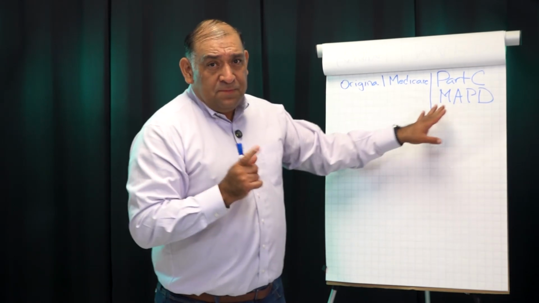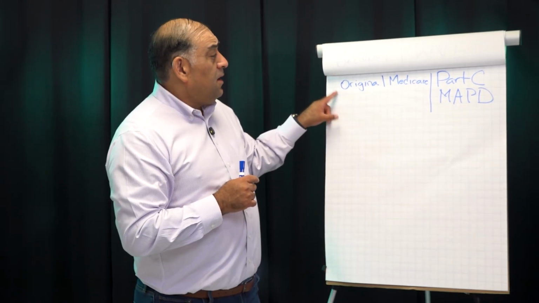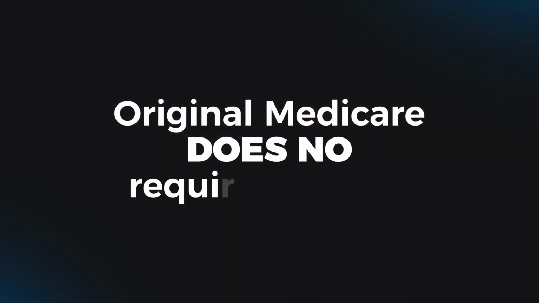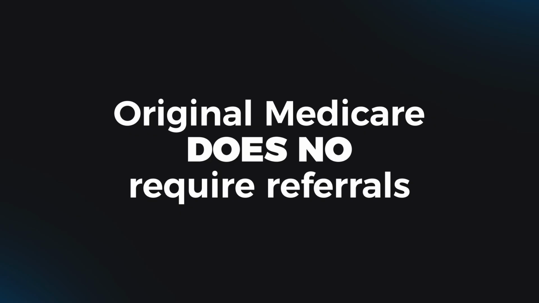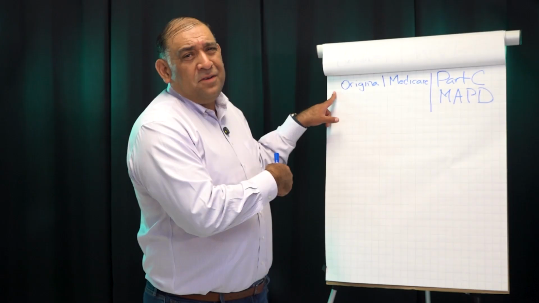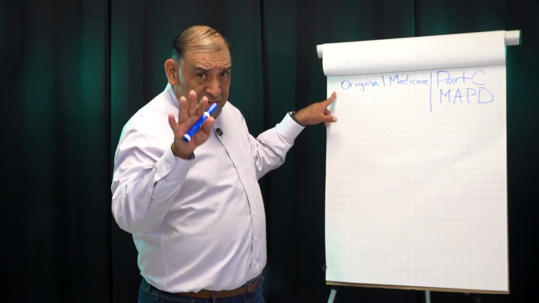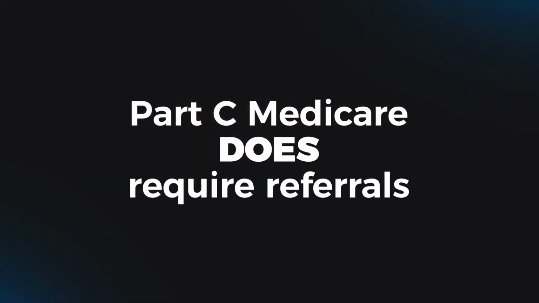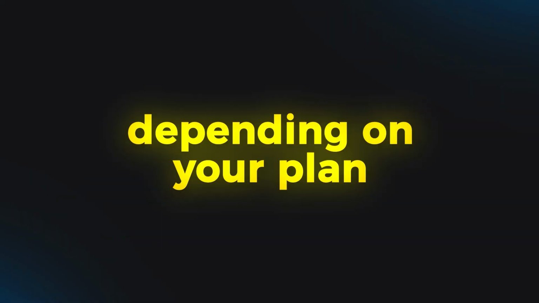Under original Medicare, you have one big advantage: it doesn't require referrals. You can go see your specialist anytime. Now, the specialist you go see may ask the primary care doctor for a referral, and that's fine, but it's not required. But under Part C of Medicare, most of the time it's required, depending on your plan.